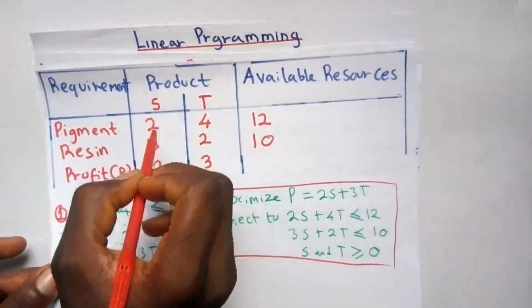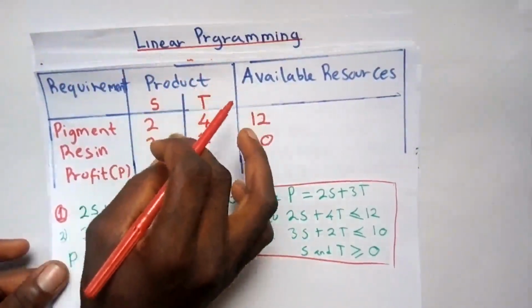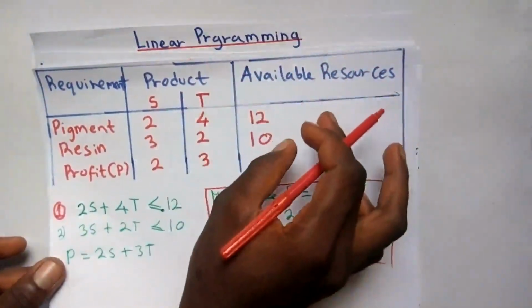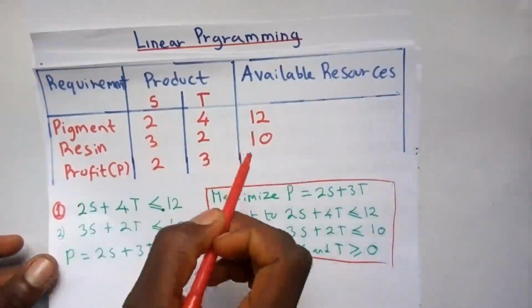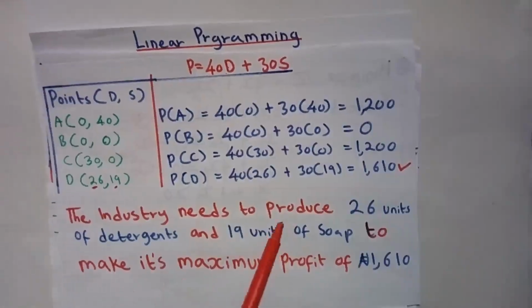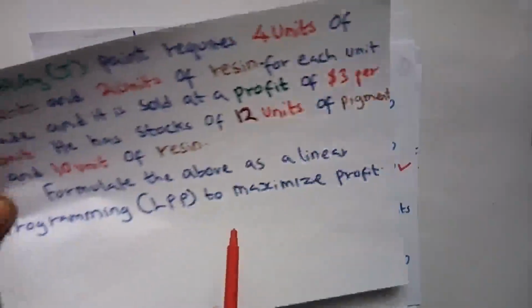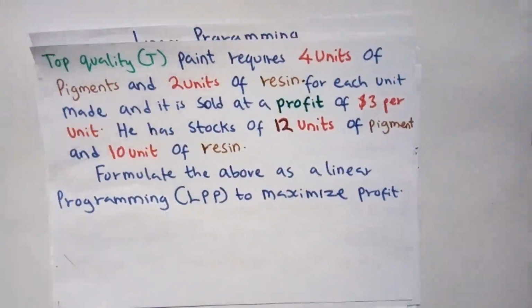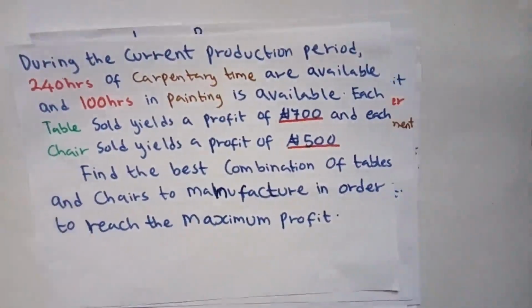Identify the products mentioned in the question, the requirements to make those products, and the available resources, that is the resources that are available to manufacture those products. Notice that most questions we solved in this video are word problem questions of linear programming on maximization. In our next video, we are going to solve word problem questions of linear programming on minimization.